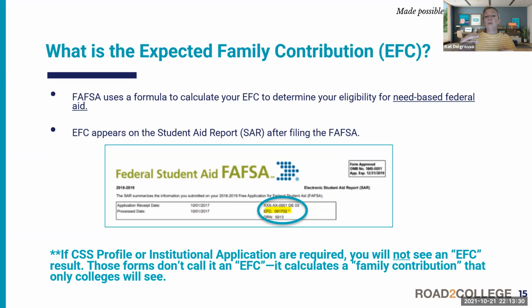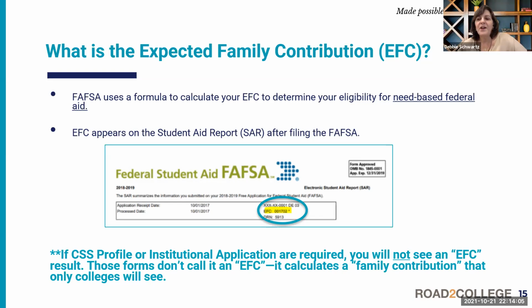If school A just uses the base formula and school B uses the COLA factor, the calculation for your contribution is going to be less at school B than at school A, because they're giving you an extra allowance at school B. So they never want to put an EFC on there, because every school can use the profile so differently that it would be different at each school.